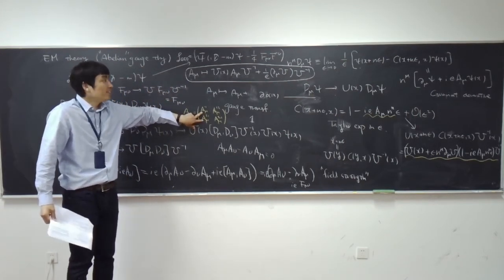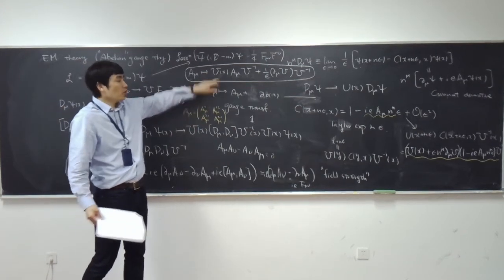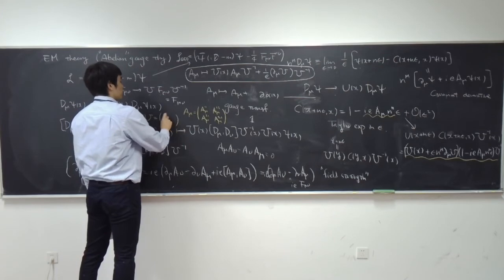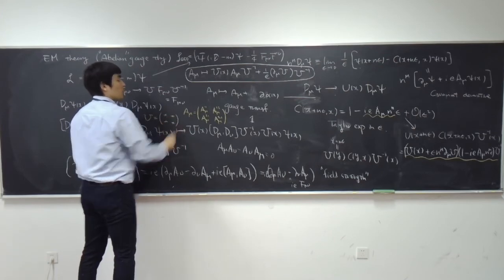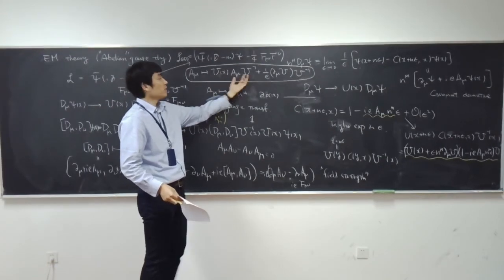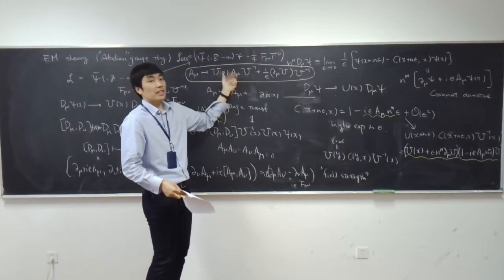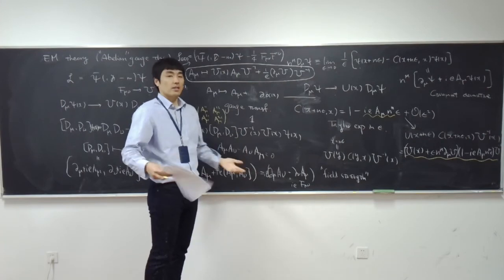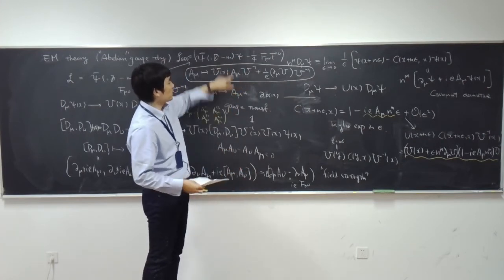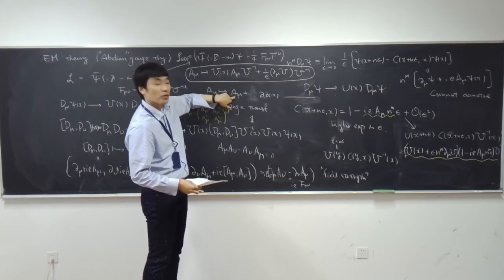Then U is also some group element, some matrix, for instance a 2 by 2 matrix. Then they no longer commute. They cannot swap. That is called non-abelian, or non-commutative. So this part does not go to zero, the same as here.